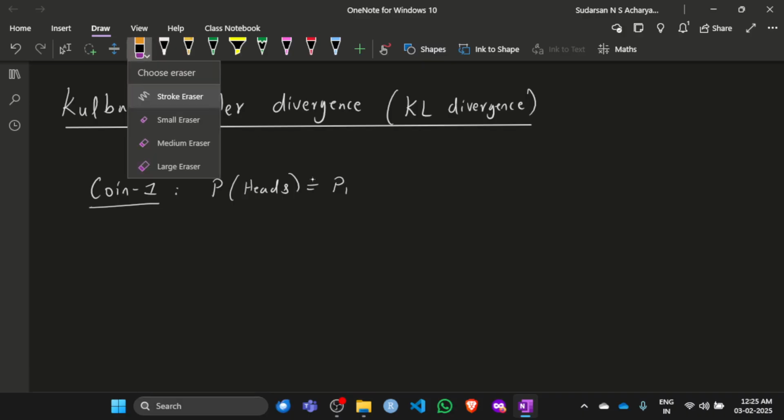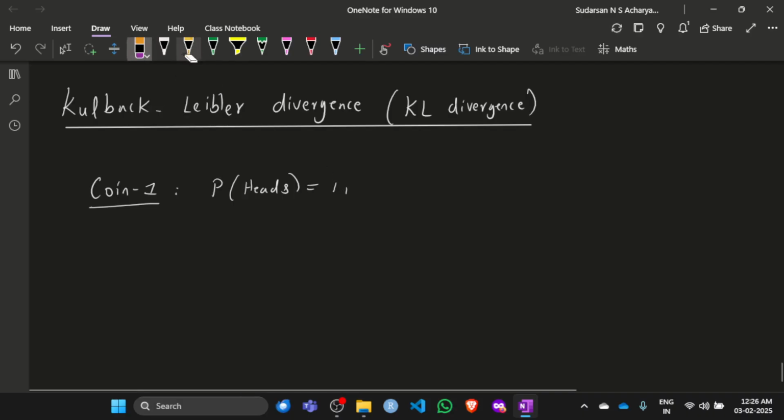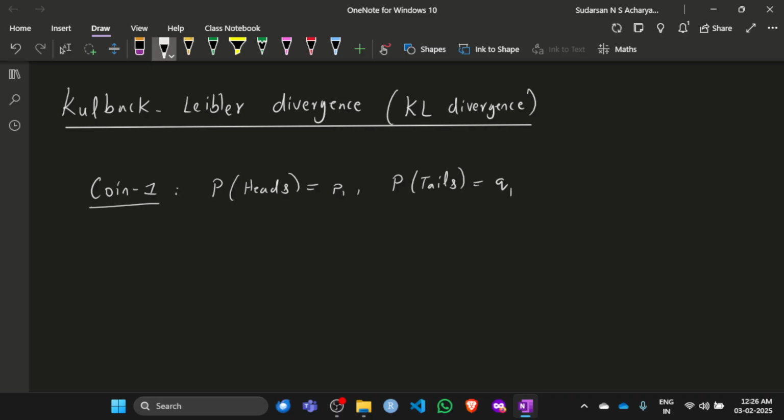I'll use a lowercase. So this could be, for example, 0.5, right? So the probability that this coin shows up heads is equal to P1. The probability that the same coin shows up tails is equal to Q1. Let's say you know these numbers, right? So for example, for a fair coin, P1 is 0.5, Q1 is also equal to 0.5, right? Now, what you do is you just toss the coin, right? And you observe a sequence.